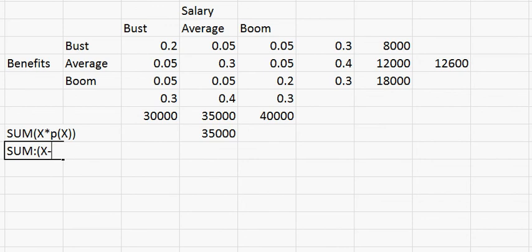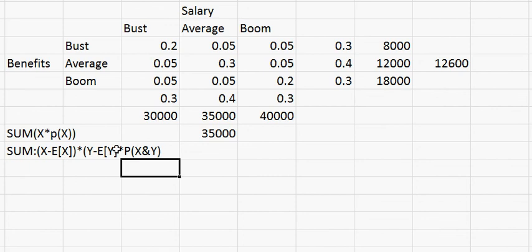X minus expected x, times y minus expected y, and then times the probability of x and y.